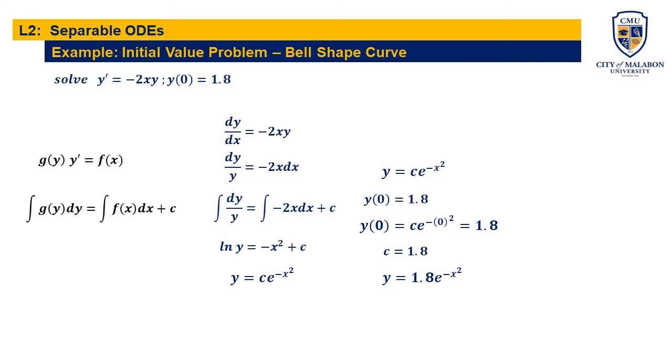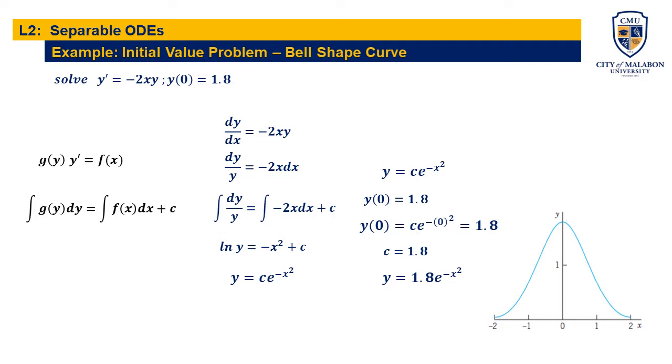Alright, so this is our second example for separable ODEs. Our first example was a simple ODE, and now this is an initial value problem. Okay?